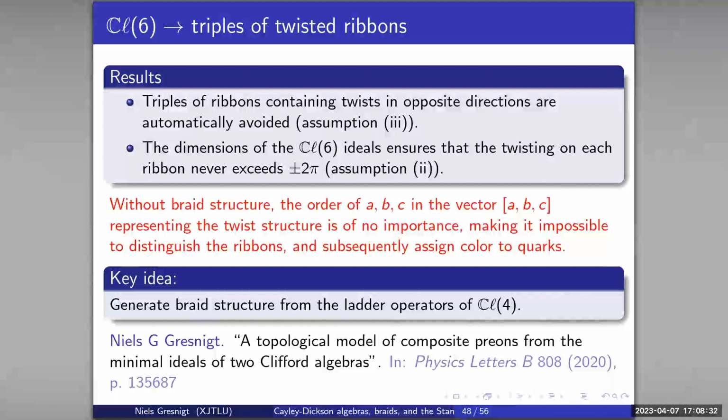And likewise, the dimensions of the CL6 ideals ensures that you never end up with twisting that exceeds plus or minus 2 pi on any of the ribbons. So it naturally cuts off how much you can twist each ribbon.